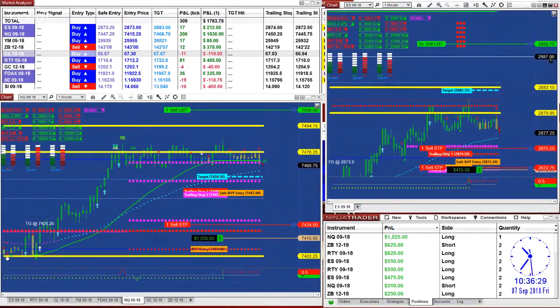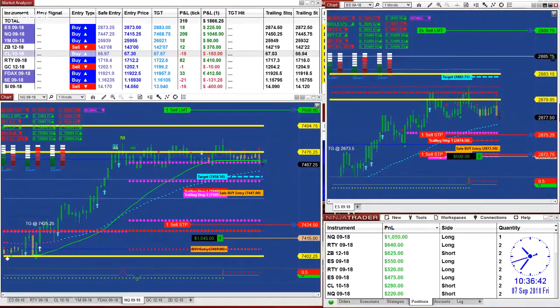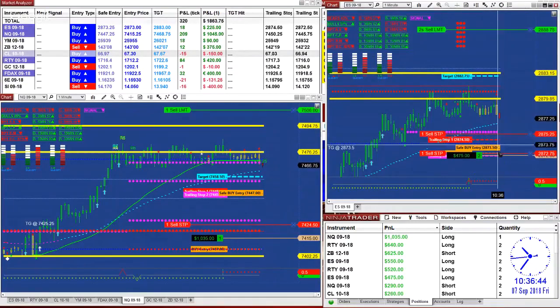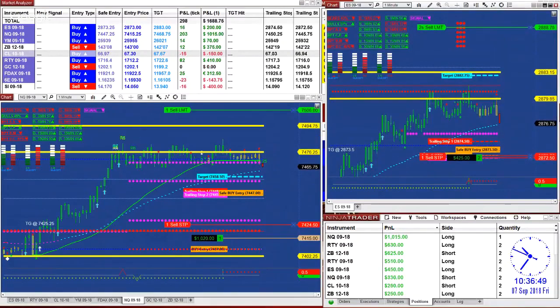For the ones who have not taken the ES trade yet, if you want to follow on the sim, I will try to find you an entry on the ES. Let me take this one down so we can have a clean picture. Let me get a clean picture on the ES.